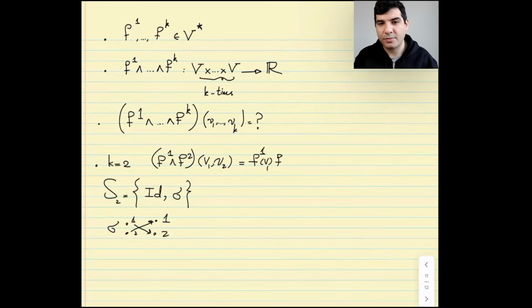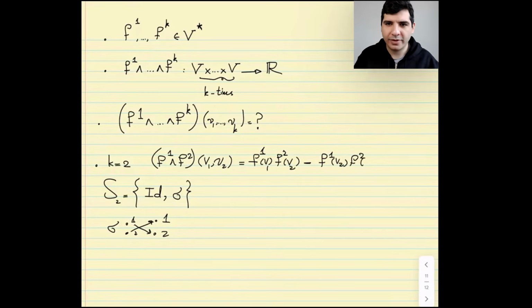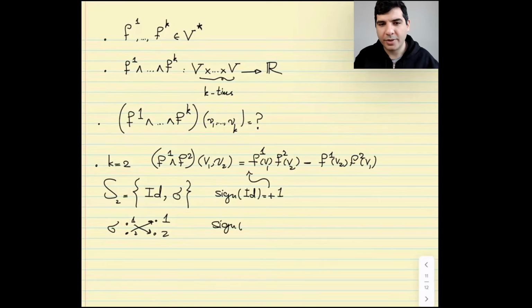The sign of this map is minus 1. Identity gives us F1(V1) F2(V2). The other permutation gives us F1(V2) F2(V1). Because the sign of identity is 1, we have a positive sign behind F1(V1) F2(V2). Because the sign of this other permutation is minus 1, because we have one intersection, we get a minus sign behind F1(V2) F2(V1).